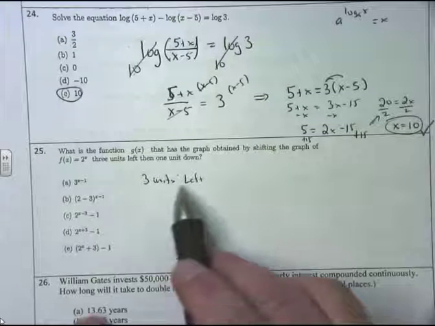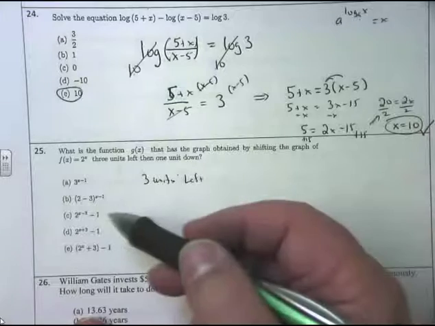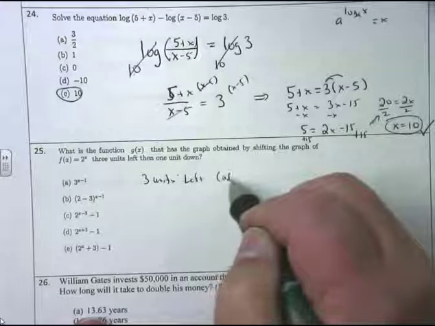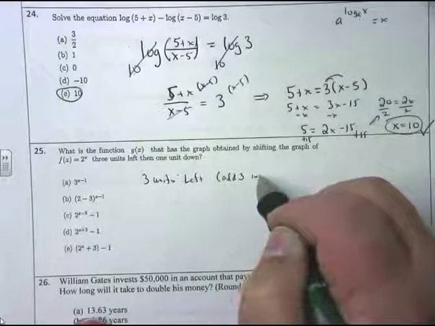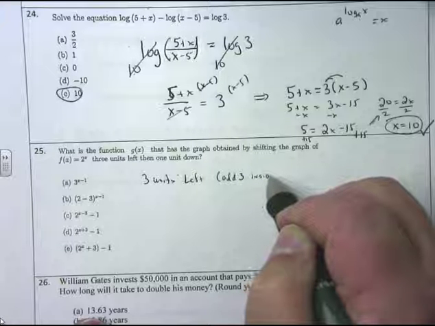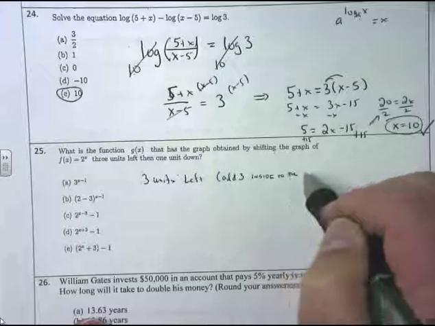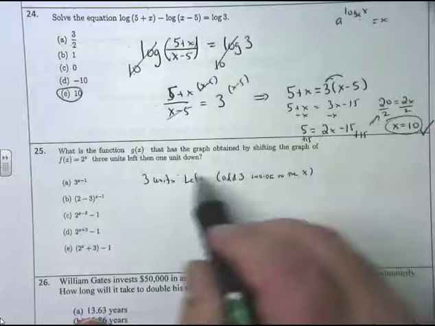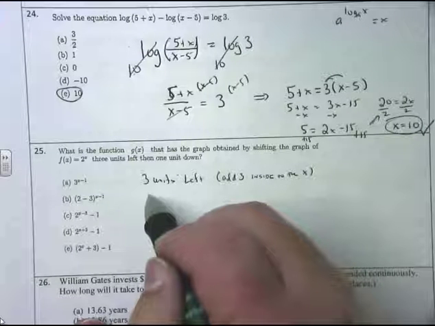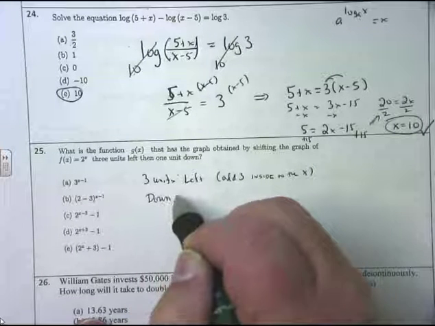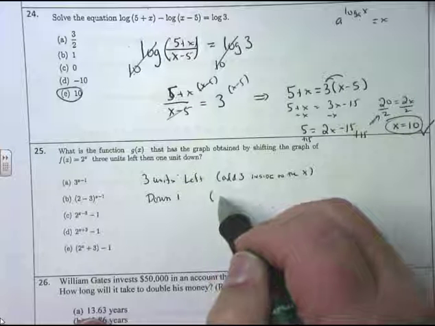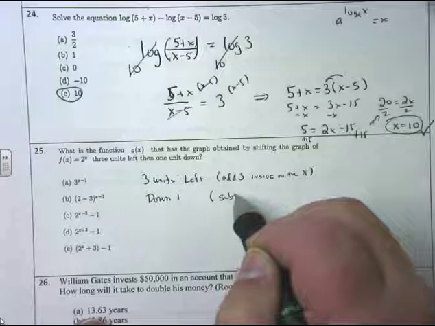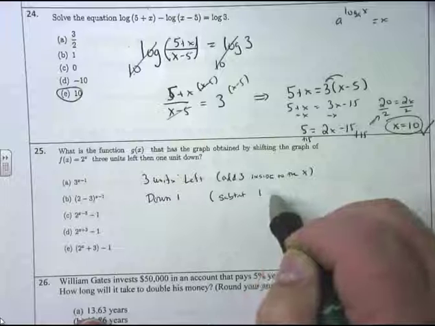If I want to go left, that means I'm going to add 3 inside, inside the 2 to the x terms. And I want to go down 1. Down 1 means I'm going to subtract 1 from the function.